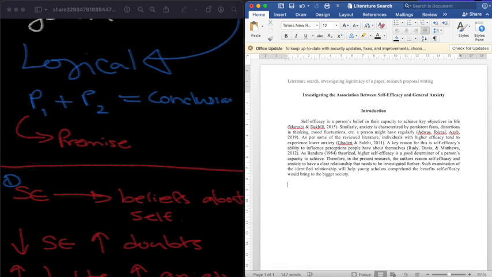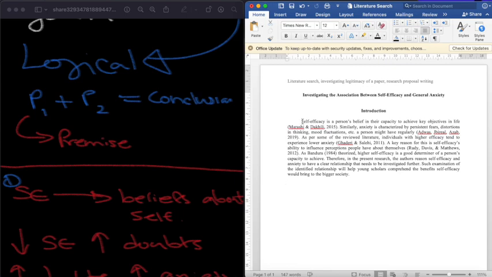And then, just like what I did, using that information, write in your own words a very simple paragraph. And this paragraph has to be logical. It has to have premises. And if your premises are accurate, it will always give you a valid conclusion.